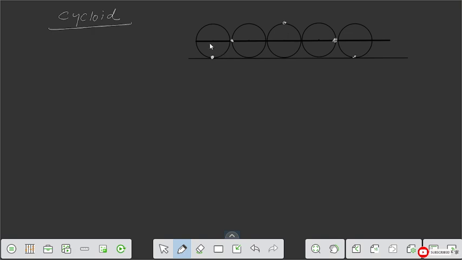Actually, the point moves from this point to this point. As the circle is not rotating about a fixed point, it is moving along the straight line, so it will trace the path. Now joining these points, we get this curve.